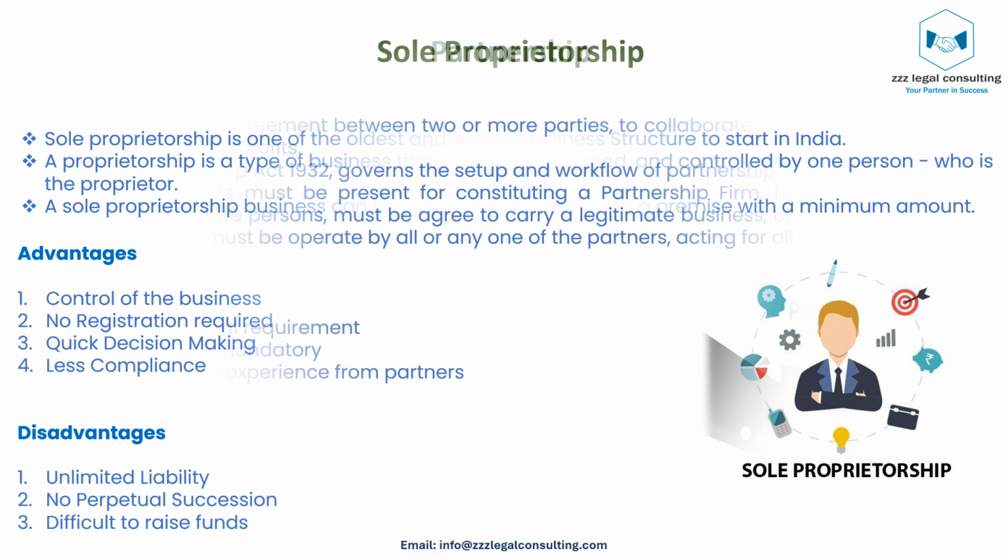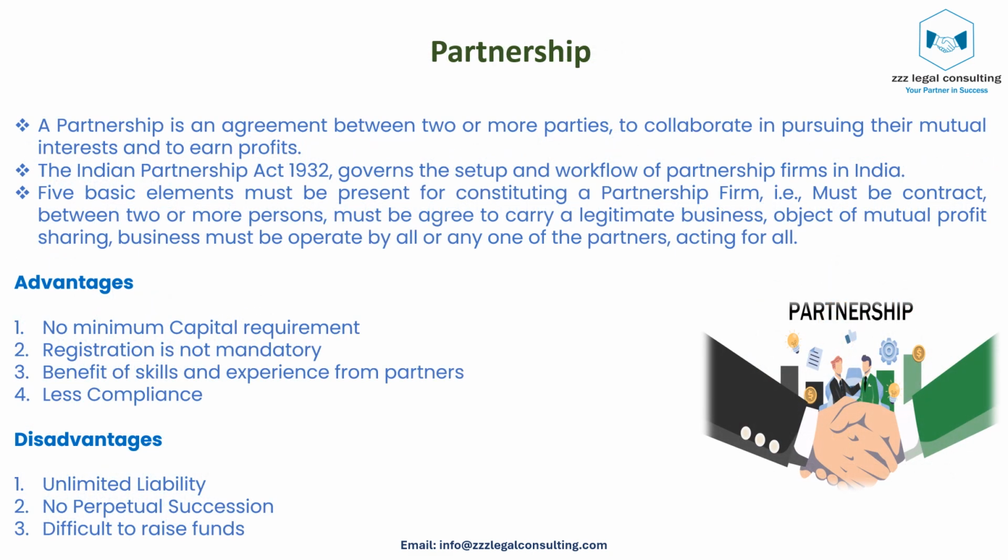Now moving to the next form of business, that is partnership. A partnership is an agreement between two or more parties to collaborate and to earn profit. The Indian Partnership Act 1932 governs the setup and workflow of the partnership forms in India. There are 5 basic elements that must be present for constituting a partnership firm.